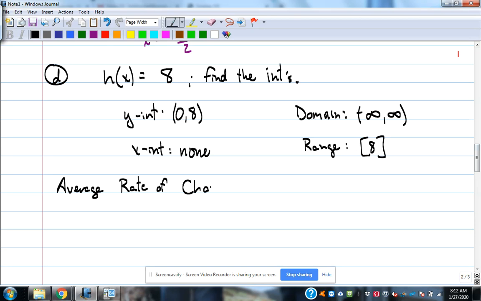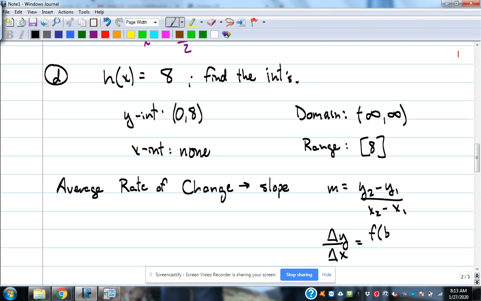We talked about this in chapter 3 a little bit. Average rate of change is the slope. Since we're dealing with linear functions, if it's in slope-intercept form, we already have that. The college style of writing that would be delta y over delta x, and then function notation.